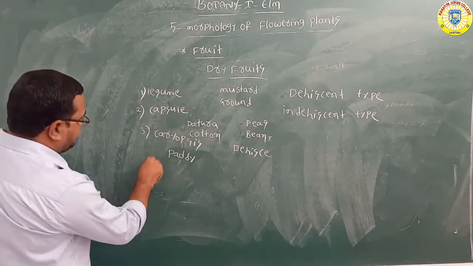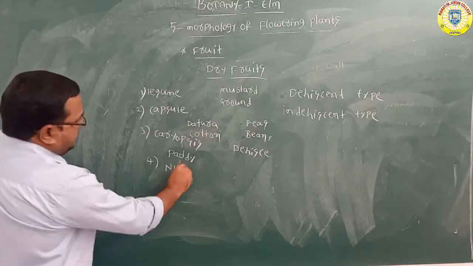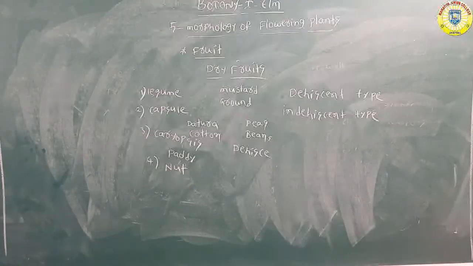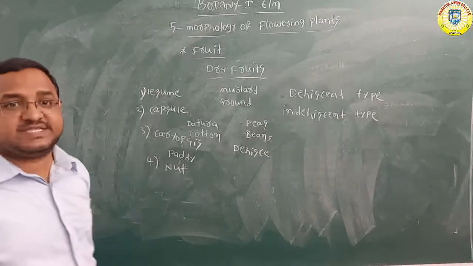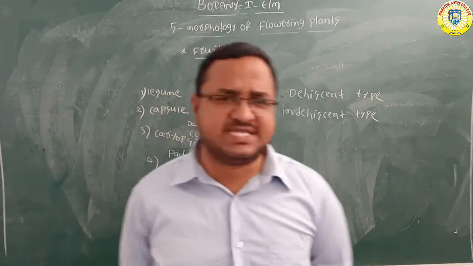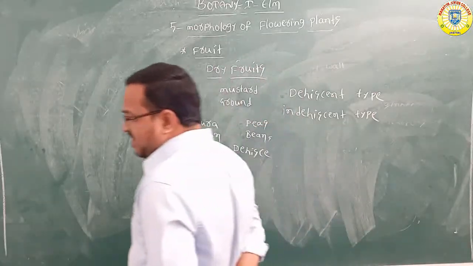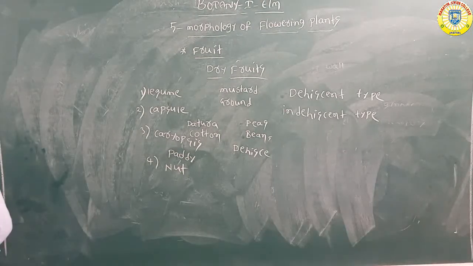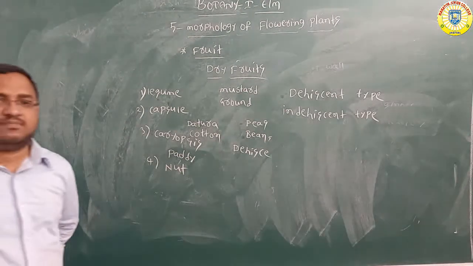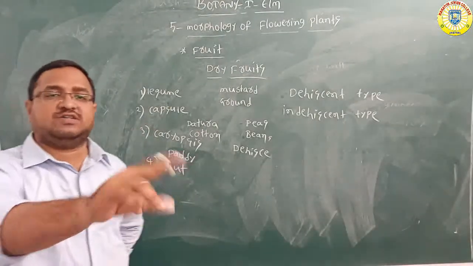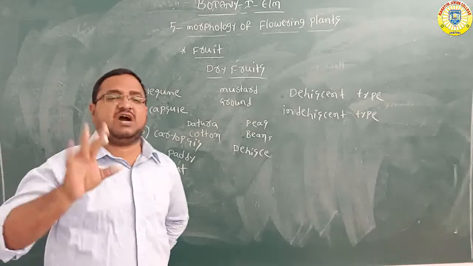Next, the fourth one, nut. Best example is cashew nut. The nut develops from a multicarpellary syncarpous unilocular ovary, with only one locule.